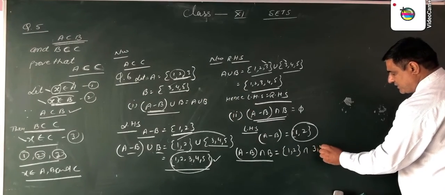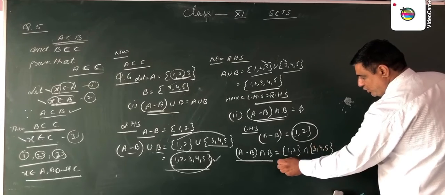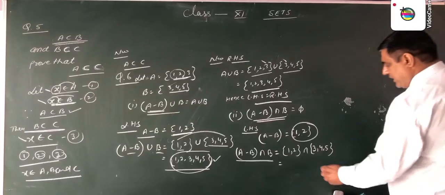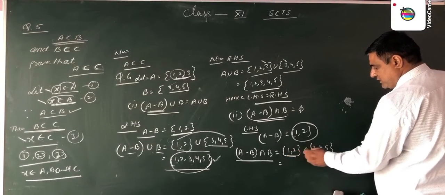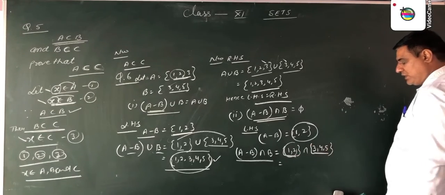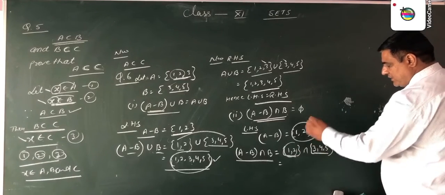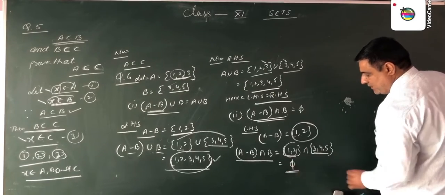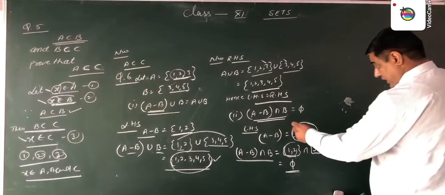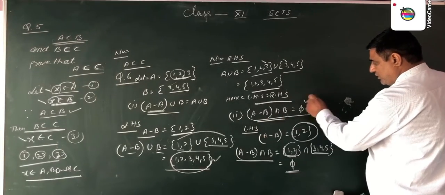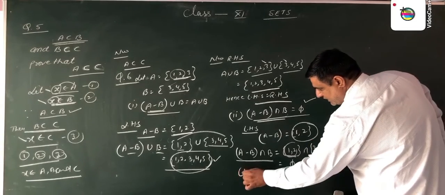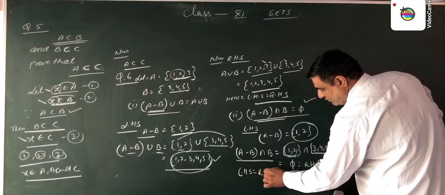In the intersection of two sets, we take those elements which are common in set A and set B. So now here we look, this is the first set, this is the second set. The two sets have no common element, so we write phi. Now phi is the null set which contains no element, so the given result is equal to phi. So then this is equal to RHS, and left is equal to right.